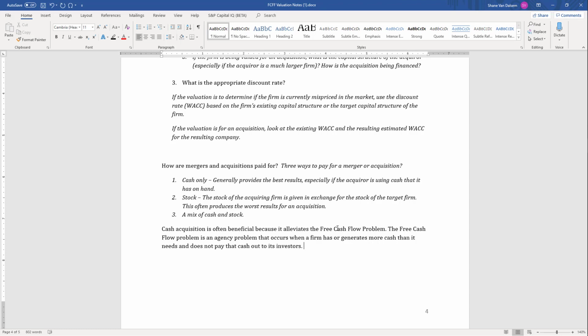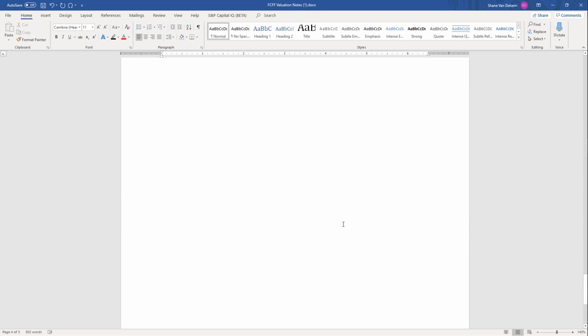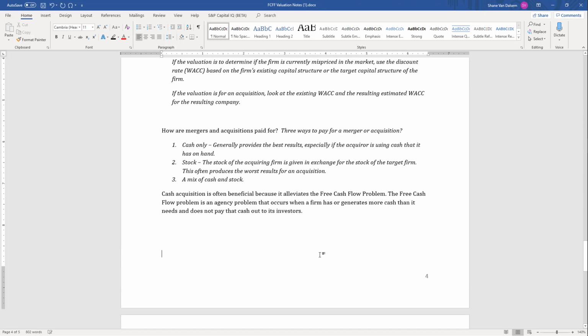That's pretty common for firms, and so alleviating that free cash flow problem, kind of sucking up all that extra cash, either the cash the company currently has or the cash that it's generating in excess of its needs every year, and using that for an acquisition provides benefits. Okay, it provides value creation in cases where there wouldn't be value created. And that is the notes for this topic.